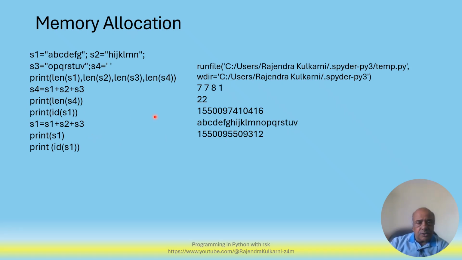The ID of S1 is ending with 10416, and the ID after addition of these 3 strings for S1 is ending with 9312.